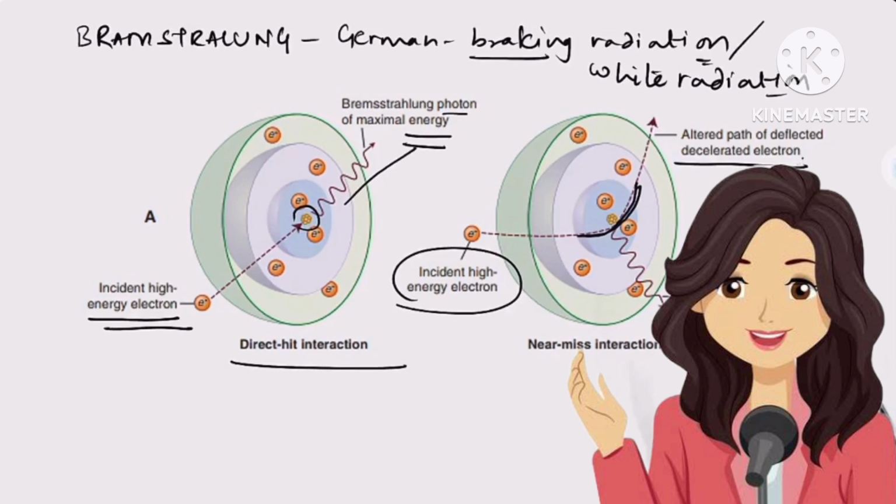So there is deflection and there is a deceleration of the electron, and a Bremsstrahlung photon of lower energy comes out. All right, so there are two possibilities: direct hit and near miss interaction. Most of the X-ray photons which come out of the X-ray tube are of this interaction, or Bremsstrahlung radiation.